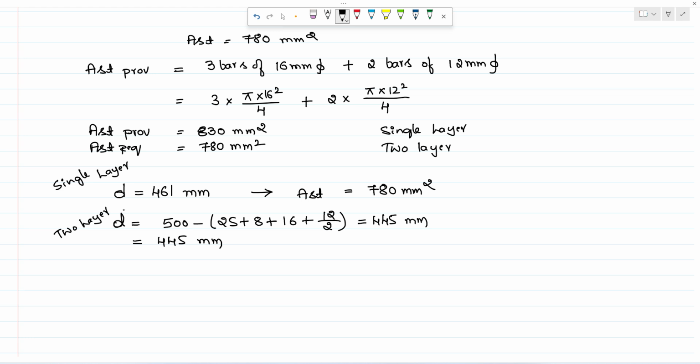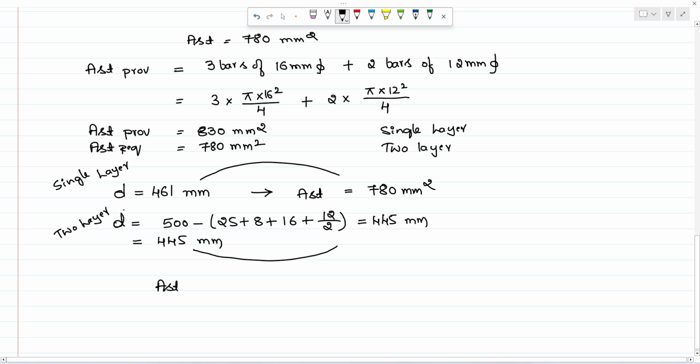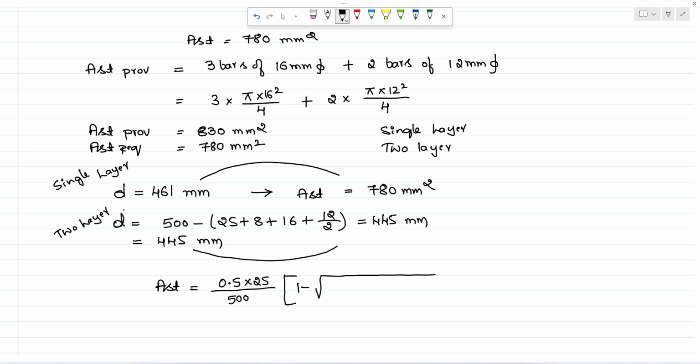So for 461 you need a steel of 780. Then what is the steel requirement for 445? So again you use the same equation. AST equals 0.5, FCK is 25, Fy it is 500 multiplied by 1 minus, again 1 minus 4.6 into Mu.